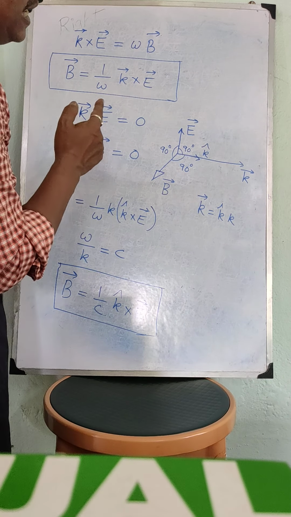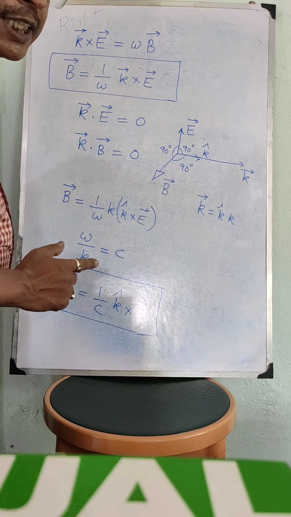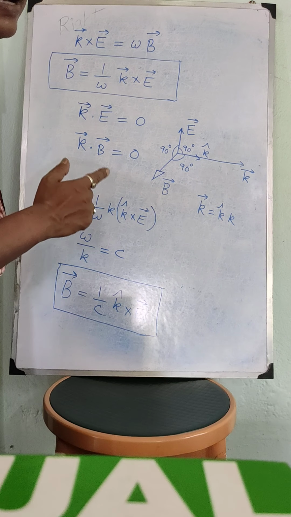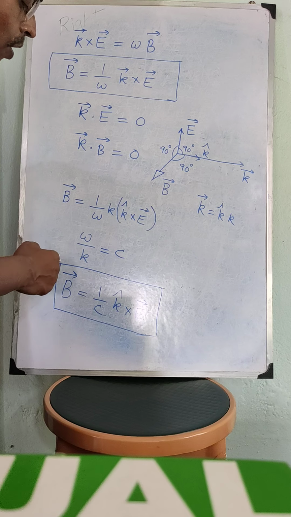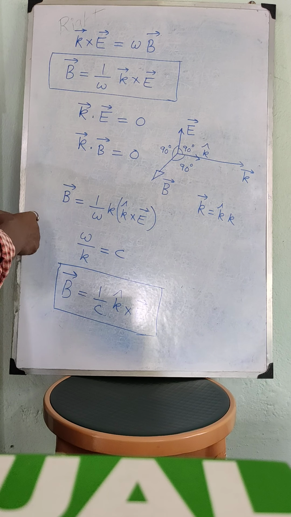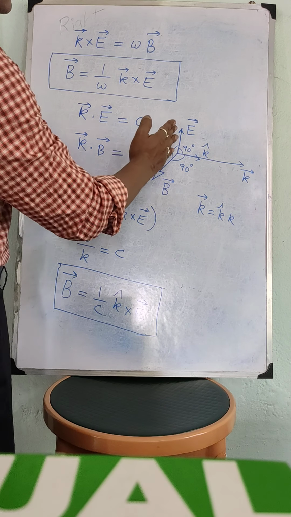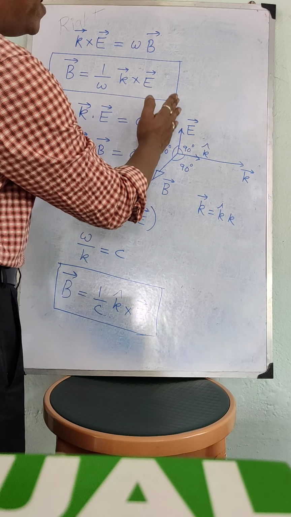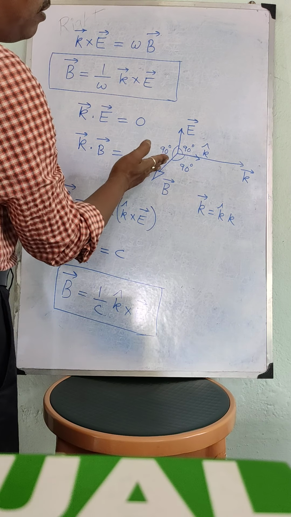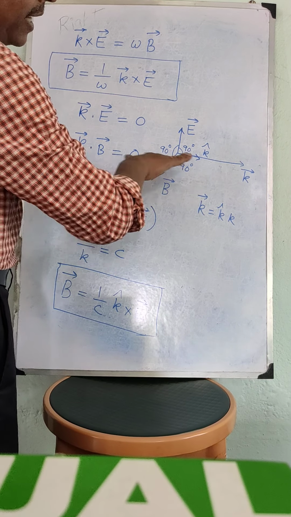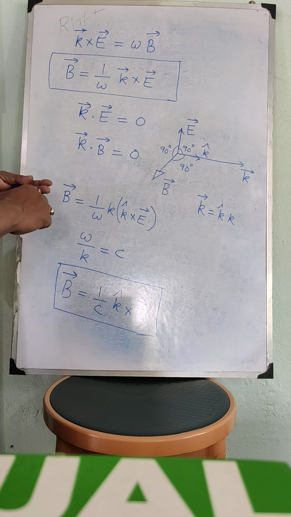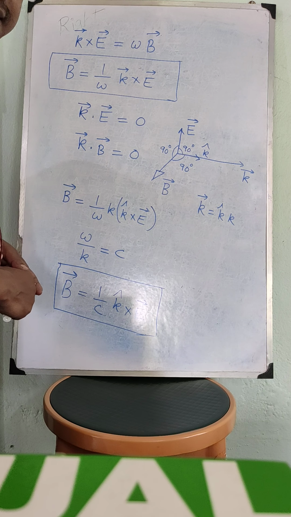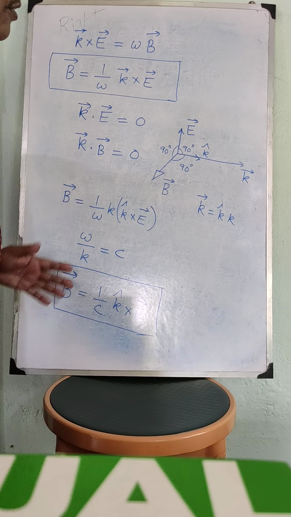Therefore, electromagnetic wave in free space is a transverse wave. And it is a plane wave because electric field vector is confined to a plane, and magnetic field vector is also confined to a plane. So we have plane transverse electromagnetic waves in free space.